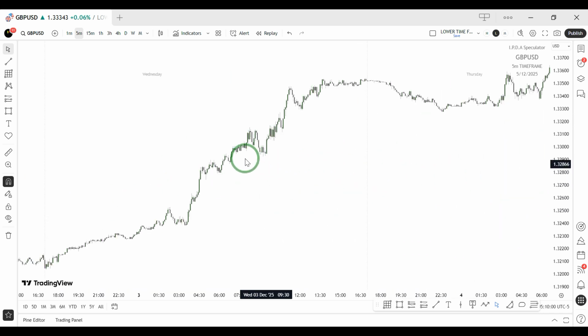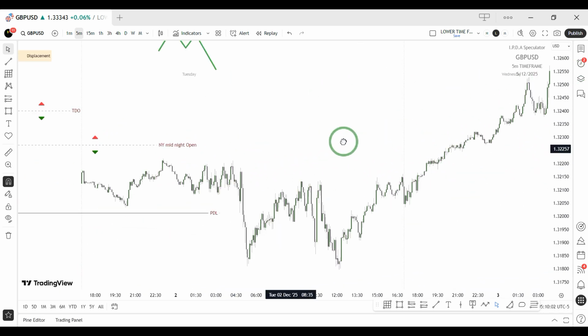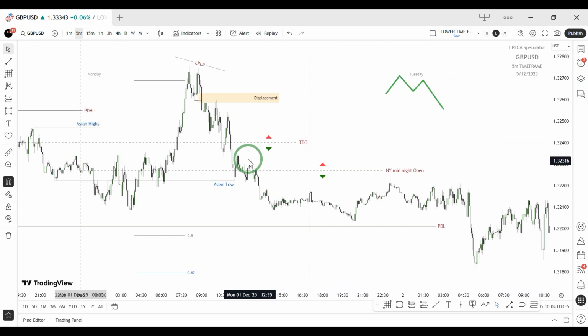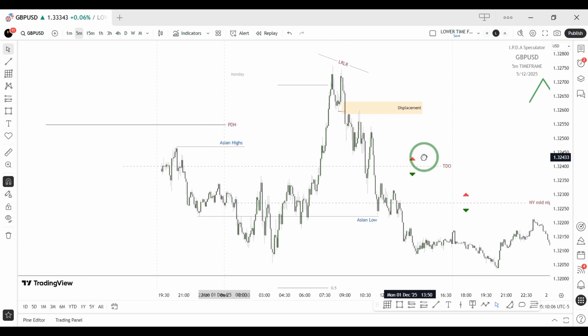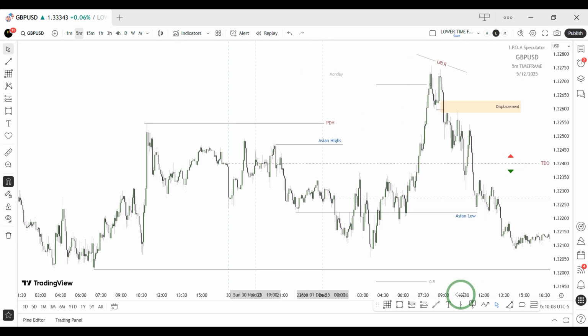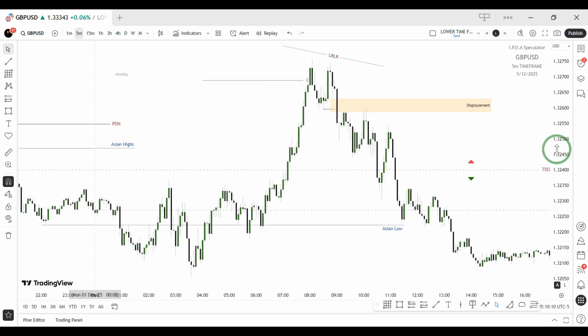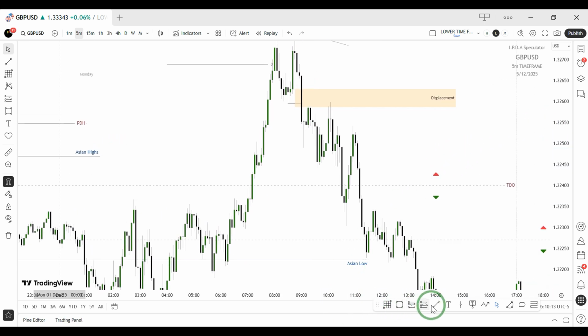In case you don't know the silver bullet entries, these are just entries that take place by forming a gap after a true or a complete reversal, and it takes place during a specific time of the day, like here from 10 to 11.